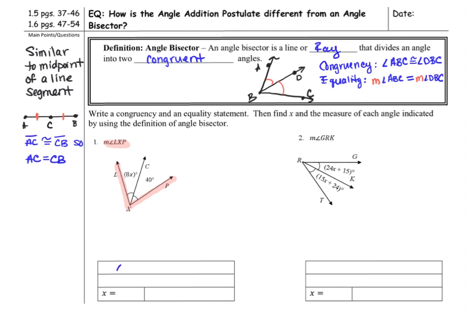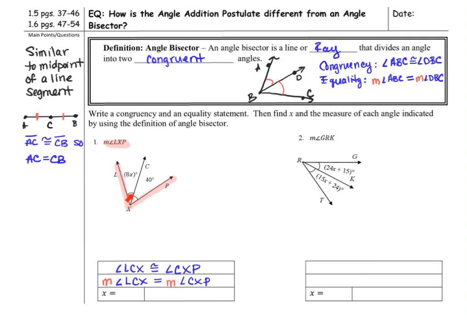It would be angle LCX is congruent to angle CXP. The equality statement is going to have the M's in front. So that means I'm going to have the measurement of angle LCX is equal to the measurement of angle CXP.